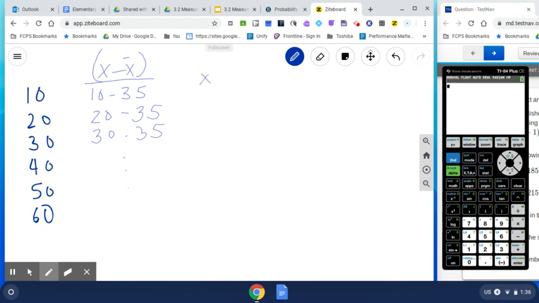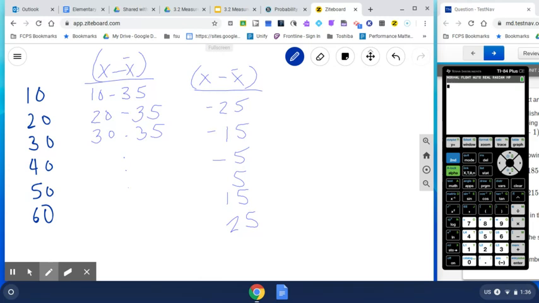So if I do that for each data value in my distribution, 10 minus 35 gives me negative 25. 20 minus 35 gives me negative 15. 30 minus 35 is negative 5. If I continue to do that for the last 3 data values, I get 5, 15, 125.